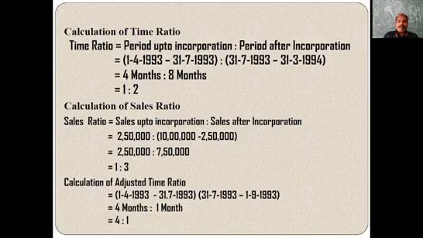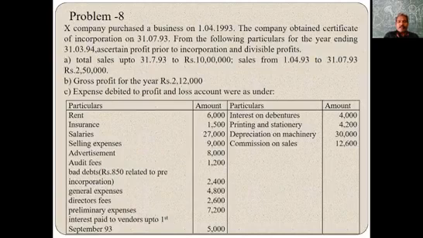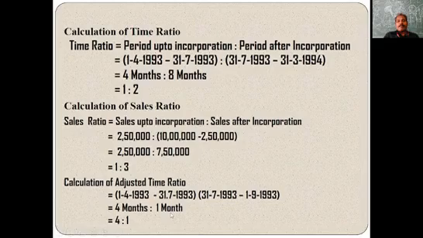So we have one more adjustment: calculation of adjusted time ratio for interest paid to vendor. Here, interest is paid to vendor up to 1st September 93, so from the opening date to 1st September 93. For that purpose, we should calculate the adjusted time ratio.